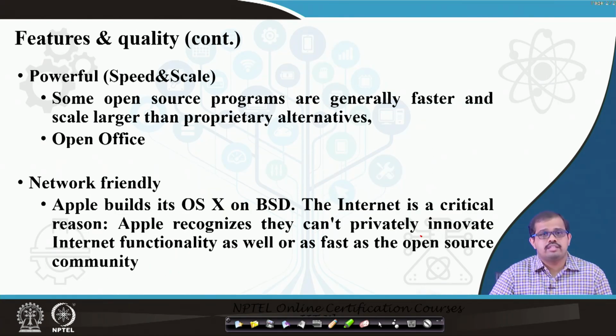And the next part is power: the speed and scale. Many open source programs are generally faster and scale larger than the proprietary alternatives. For example, OpenOffice. I am sure if many of you start using OpenOffice, you are going to quit Microsoft Office. It is extremely user friendly. Everything that you do with Microsoft Office can be done with OpenOffice.